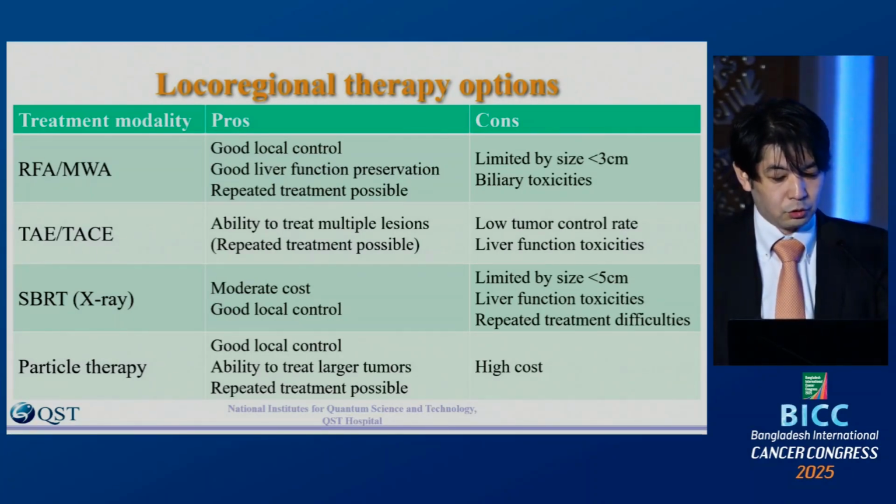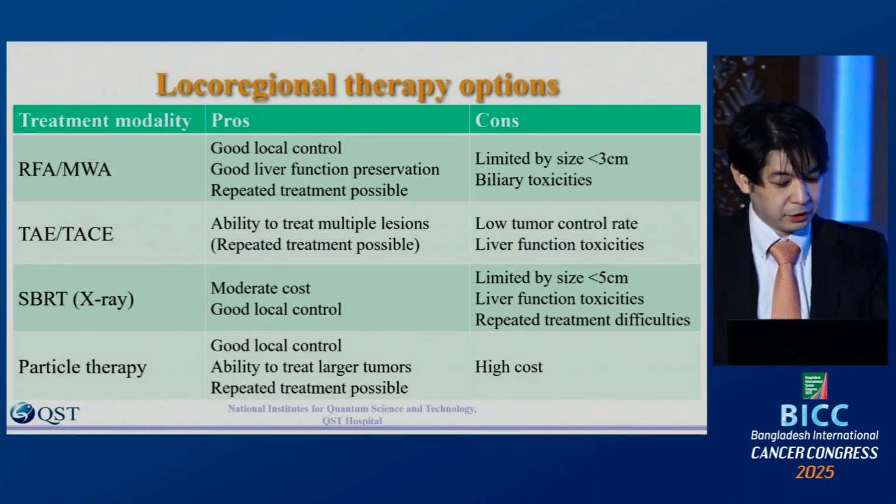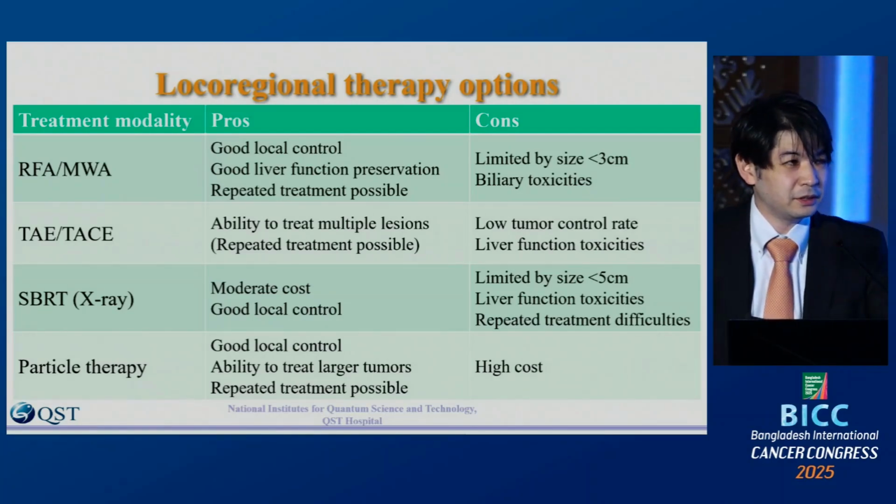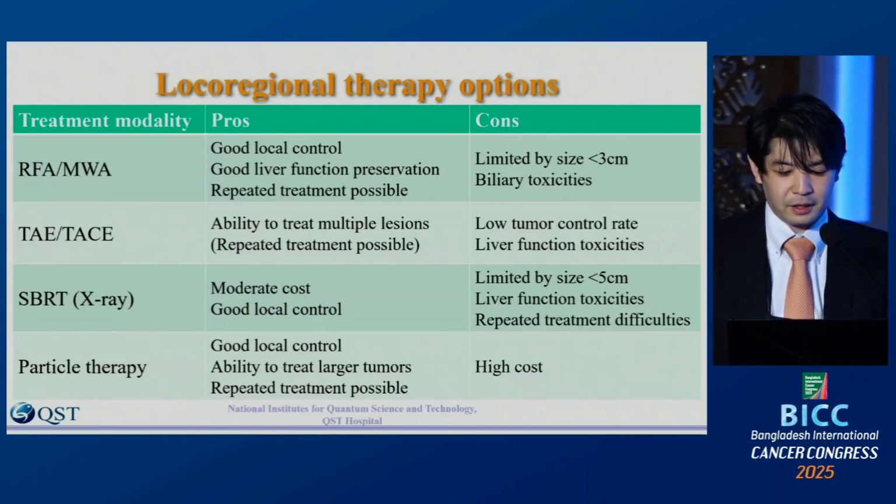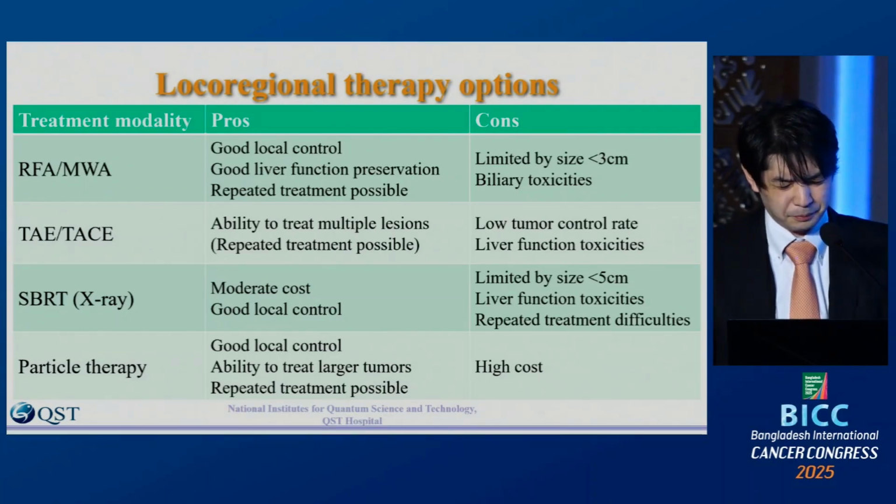So good local control and the ability to treat larger tumors, and repeated treatment is also possible, but it does come with a high cost. Whereas with SBRT, moderate cost and good local control, but limited by size. Anything over 5 centimeters could be very challenging. Liver function toxicities also lead to limited repeated treatment.